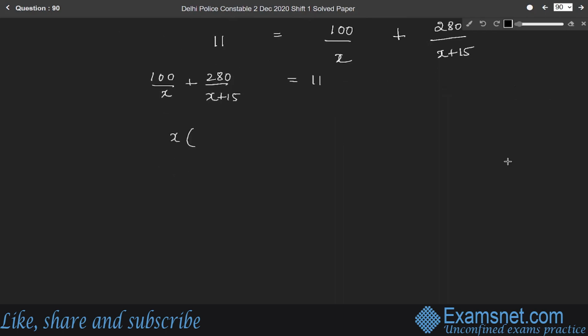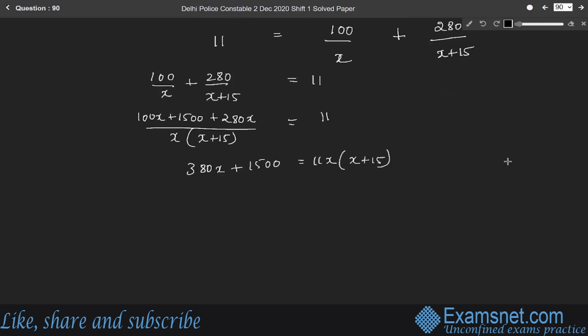So x into x plus 15 is the LCM here. So 100x plus 1500 plus 280x by x into x plus 15 is 11. Therefore, it is 380x plus 1500 is equal to 11x into x plus 15.